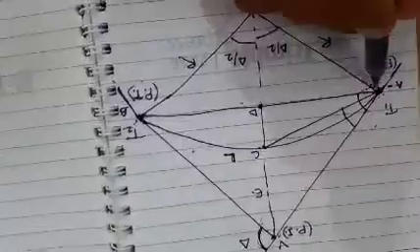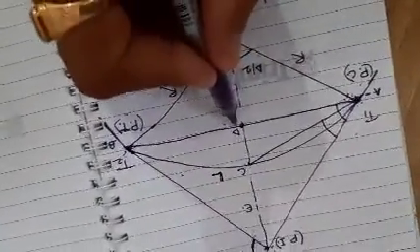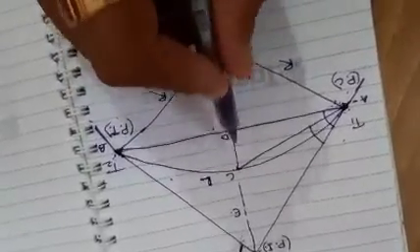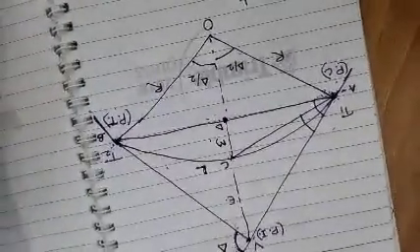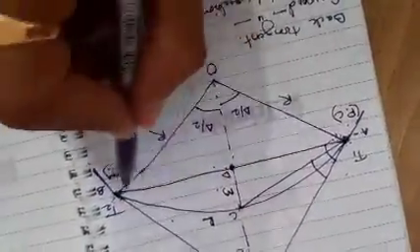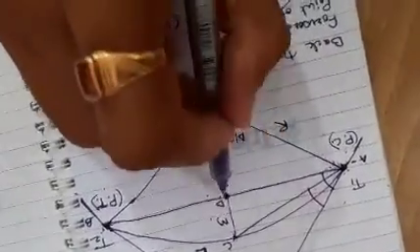This is the long chord, this is the midpoint of the chord, named D. D to C, whatever the distance is, that distance is called the mid-ordinate and is denoted as capital M. The distance from the midpoint of the long chord to the midpoint of the curve is called the mid-ordinate.